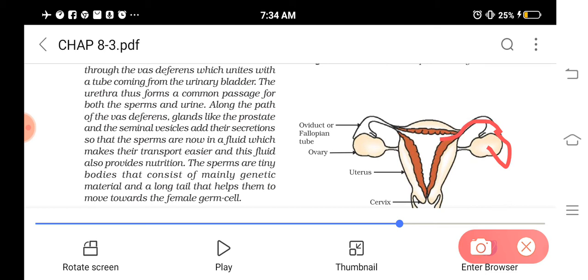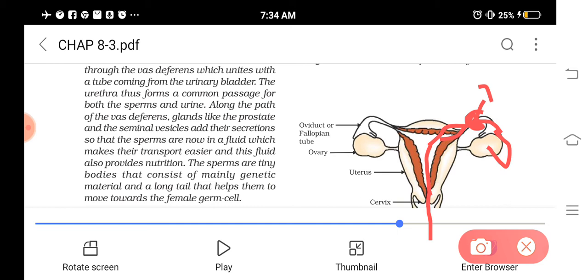As it moves down, the sperms will come from this side and reach here, and here fertilization occurs. And the zygote formation takes place where? I told you, in the oviduct or the fallopian tube.